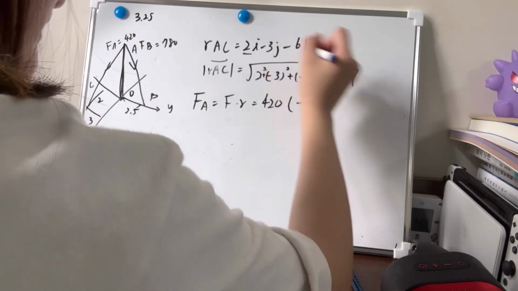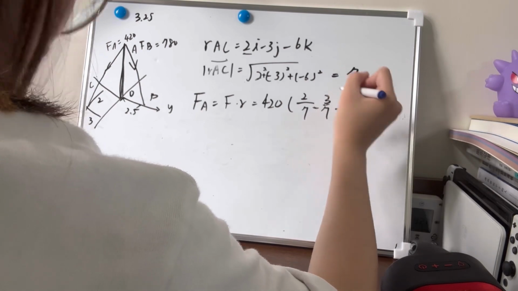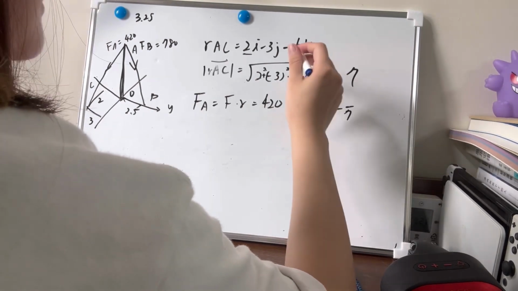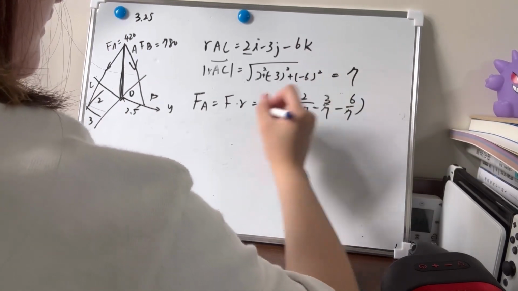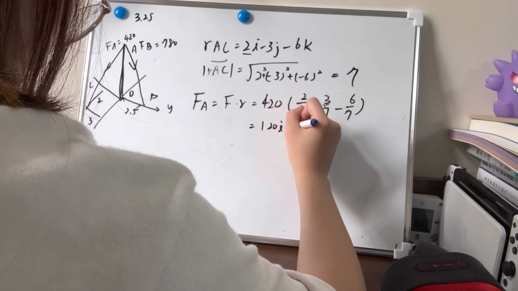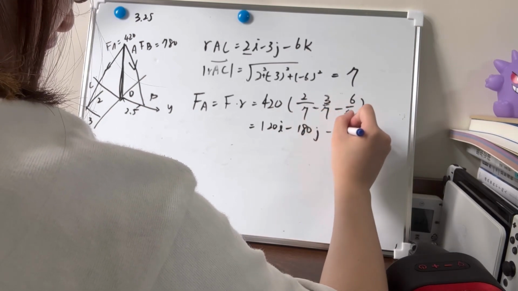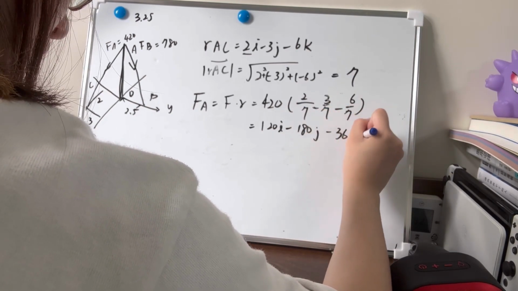And the y-axis is 3. And the z-axis is 6. So it'd be like i, j, and k.